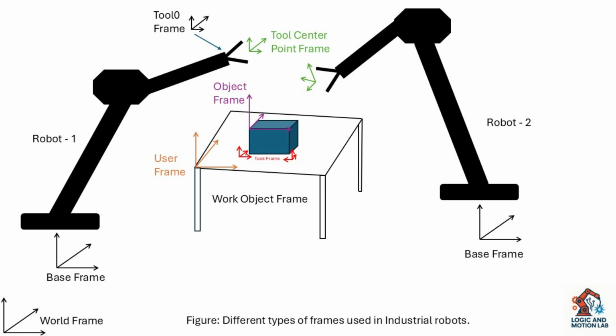I can give you one more example, which I think will be easier to understand. Think like the robot is cleaning a surface. When you program it, the user frame says where the surface is, and the task frame says that in the Z direction you can apply 5 newtons of force, and in the X and Y directions you can move freely.